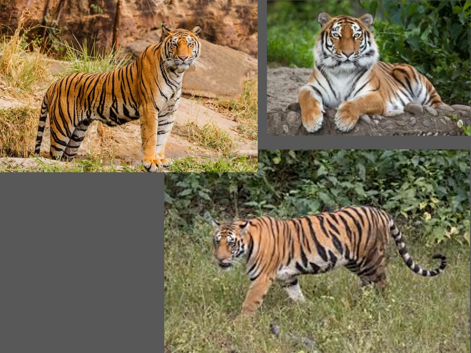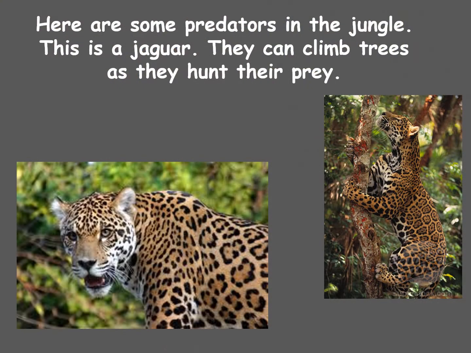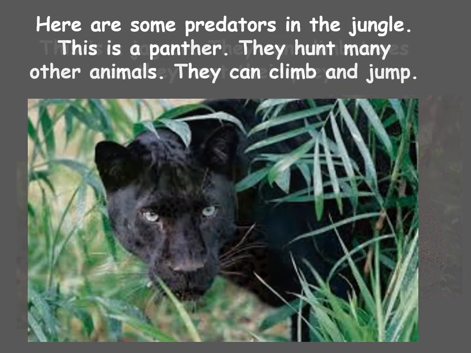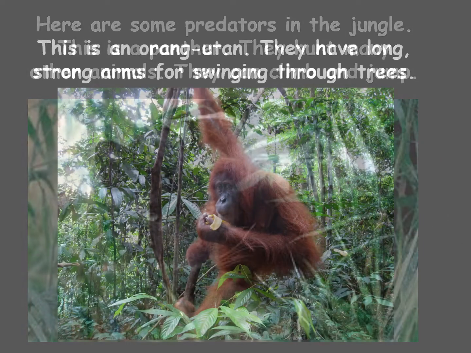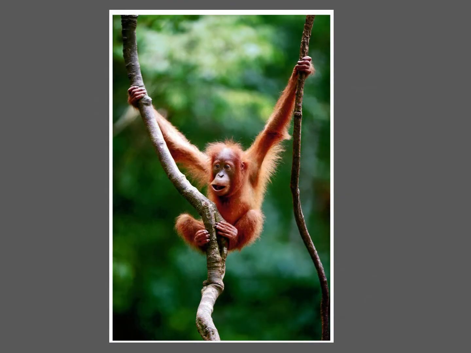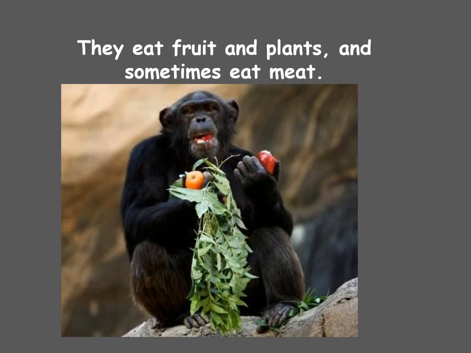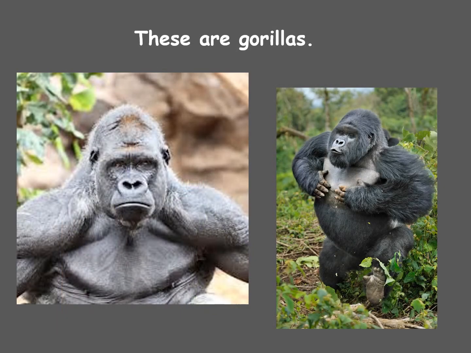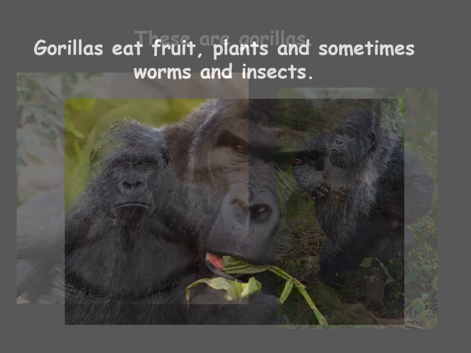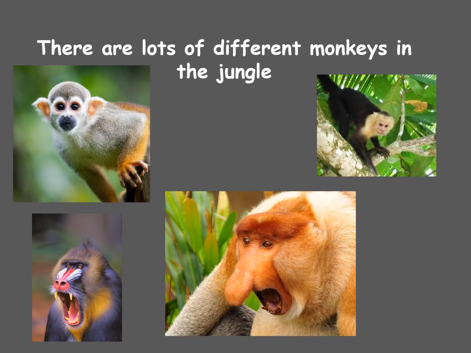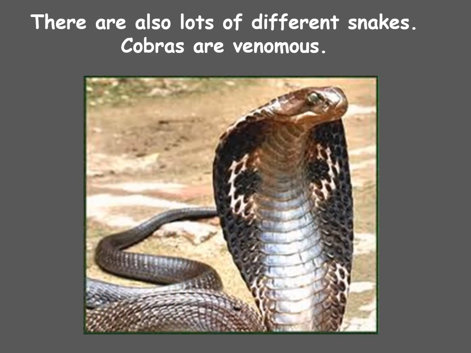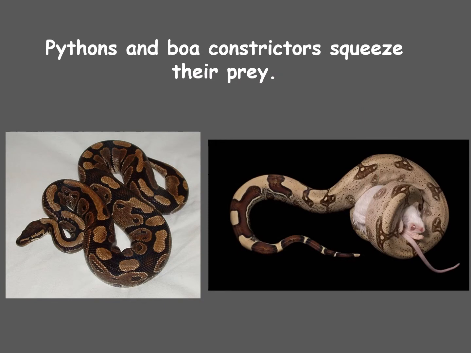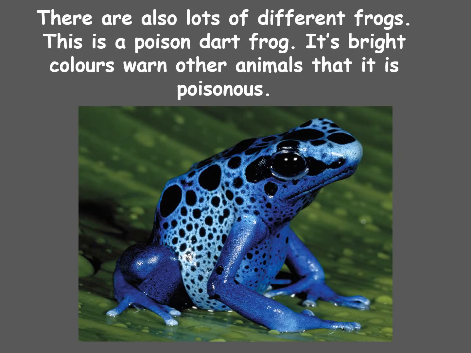And beautiful animals too, like tigers, jaguars, panthers, orangutans, chimpanzees, gorillas, different types of monkey, cobras and pythons, and lots of different types of frogs, such as the poison dart frog that you can see here.